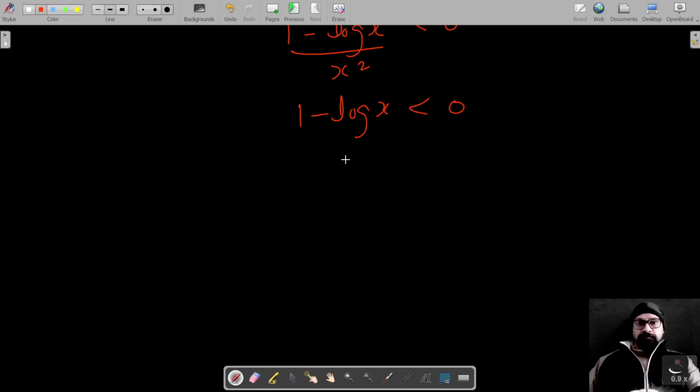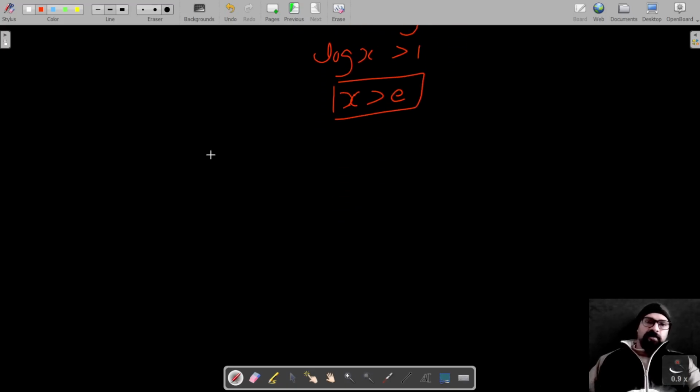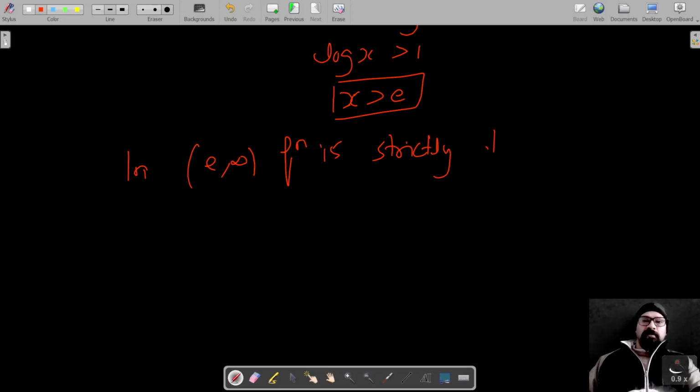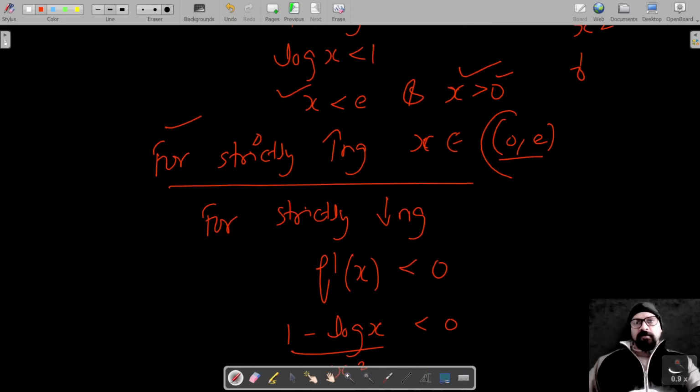So 1 is less than log x, or log x is greater than 1. That means x is greater than e. So in the open interval from e to infinity, the function is strictly decreasing. So it's decreasing in the interval e to infinity and increasing in the interval 0 to e.